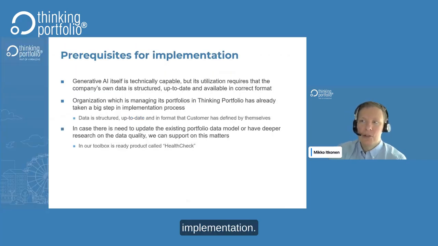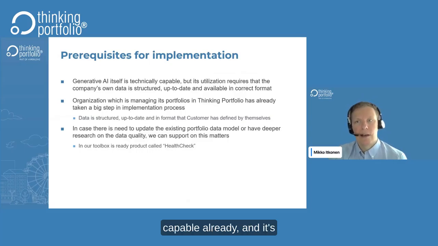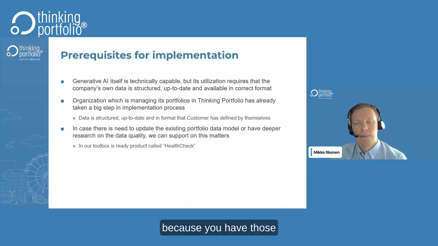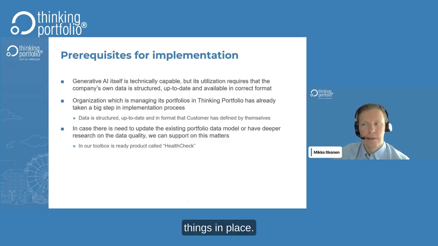Prerequisites for implementation. Generative AI is very capable already, and it's getting better and better, but its utilization requires that the company's own data is structured, up to date, and available in the correct format. An organization which is managing its portfolios in Thinking Portfolio has already taken a big step in the implementation process, because you have those things in place.